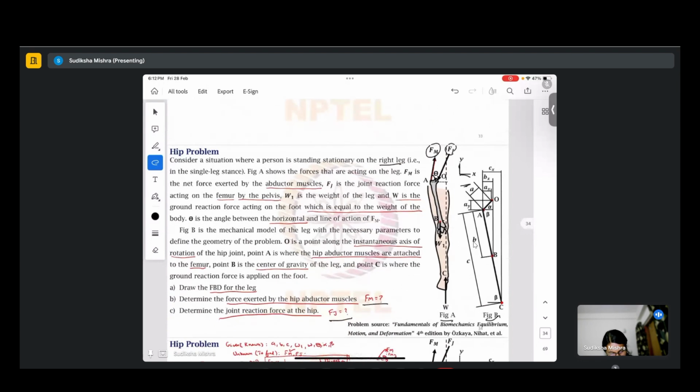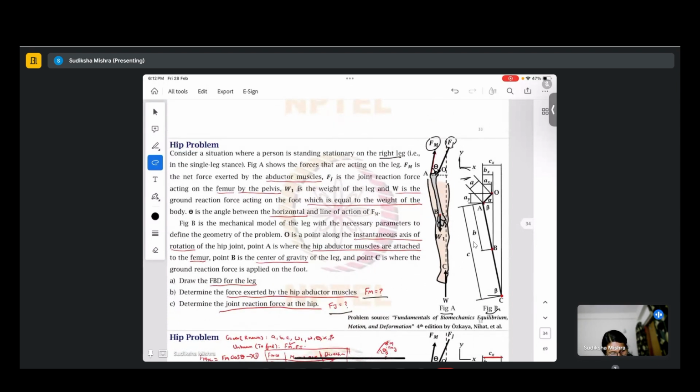So what do we know here? We know A, which is the distance between O and A. We know B, which is the distance between A and B, and we know C, which is the distance between A and C. We also know W. We know W1. We know theta, which is the angle that the force Fm forms with the horizontal.